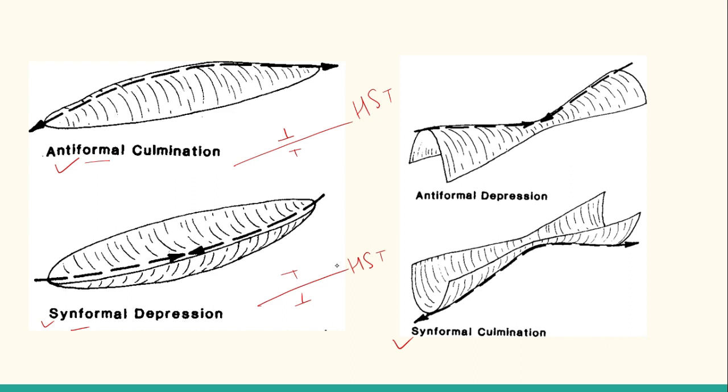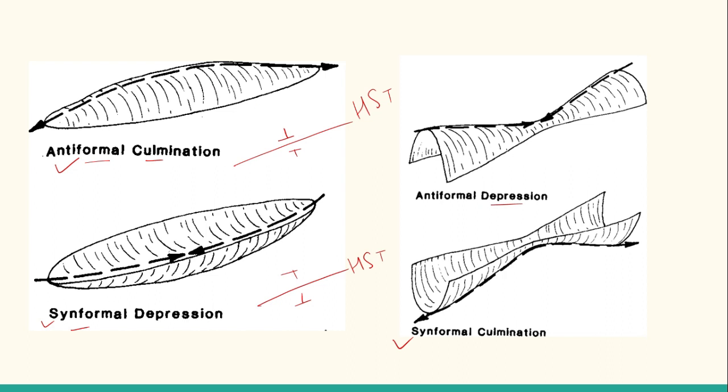This is the particular type of symbolization of antiform and synform by which you can identify. So this is the first and foremost thing you need to identify in a doubly plunging fold: the dip direction of both the limbs. Second, you need to identify whether it is a culmination or a depression.